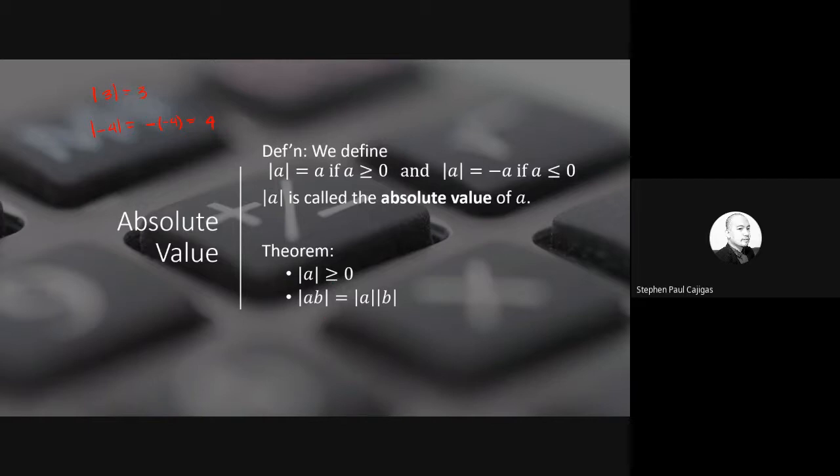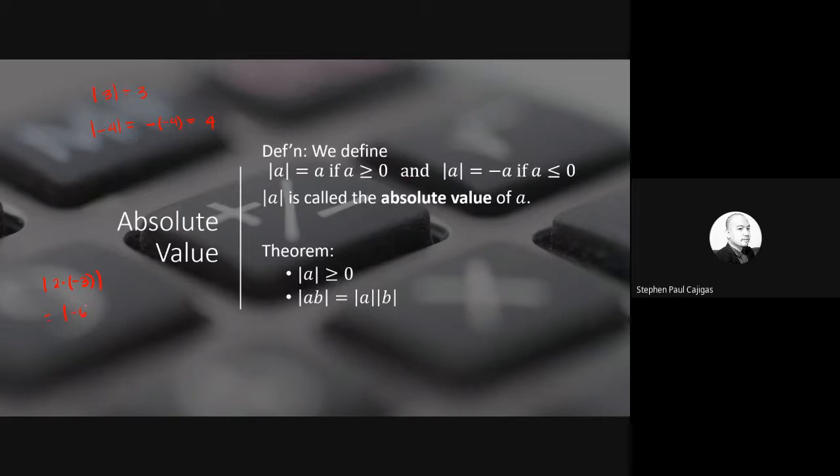So we have here a theorem. The absolute value of A is greater than or equal to 0. So always greater than or equal to 0. And if you multiply two numbers and then get their absolute value, it's just like getting the absolute value of the first times the absolute value of the second. So if you have 2 times negative 3, this is equal to the absolute value of 2 times negative 3.